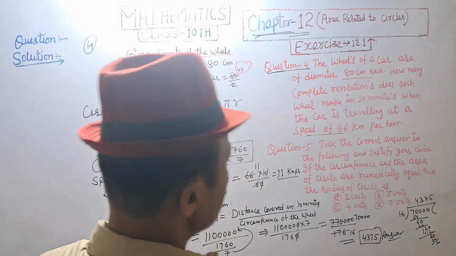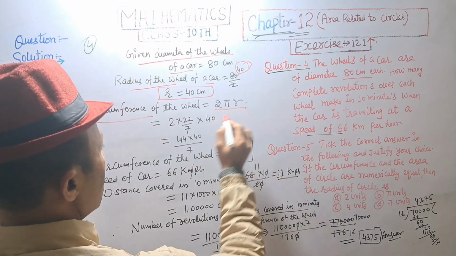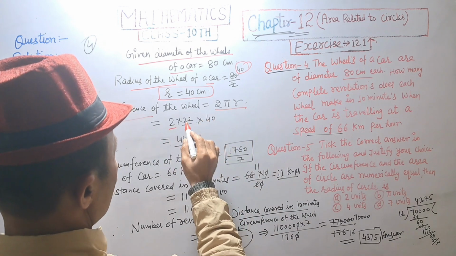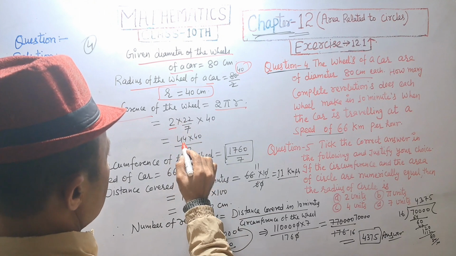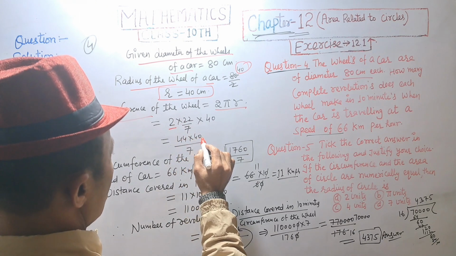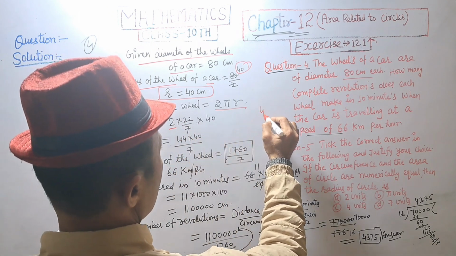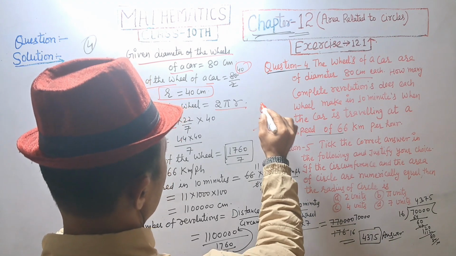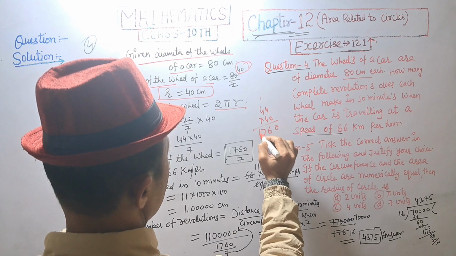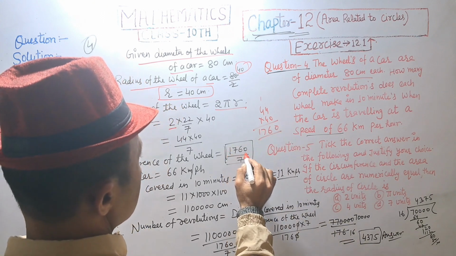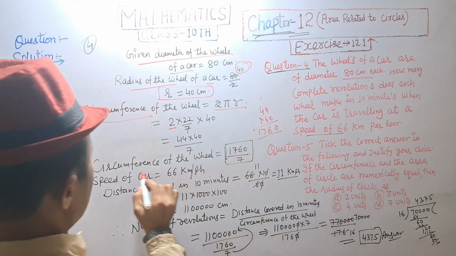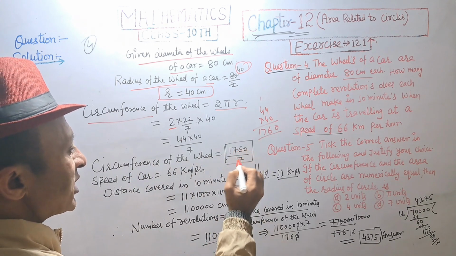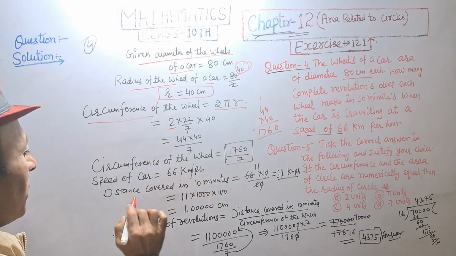Circumference of circle is equal to 2 pi r, 2 into 22 upon 7 into 40. 22 into 2 is 44, 44 into 40 is 1760. Circumference of wheel is equal to 1760 divided by 7.